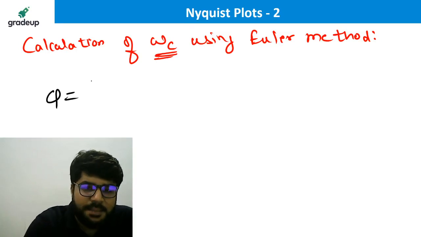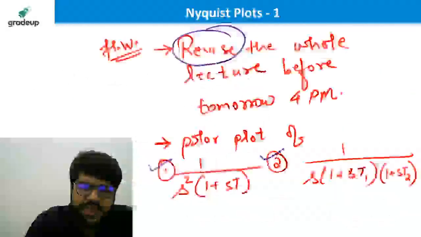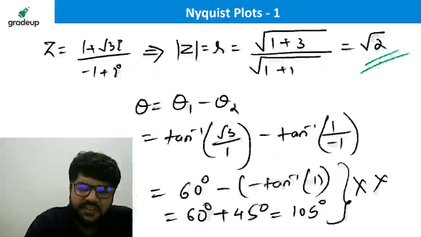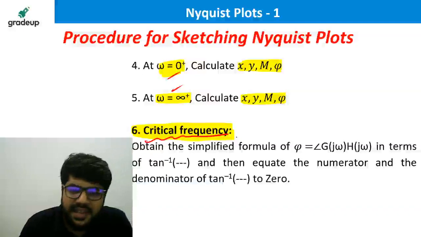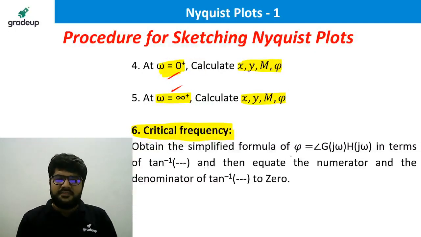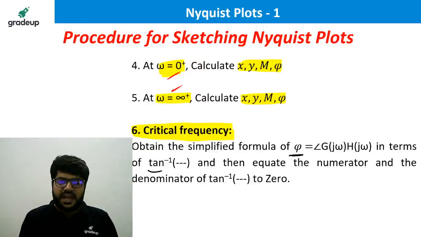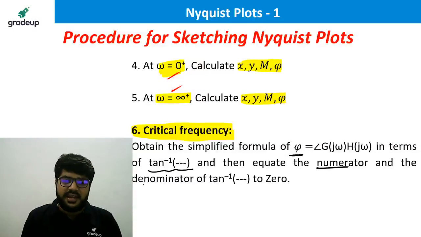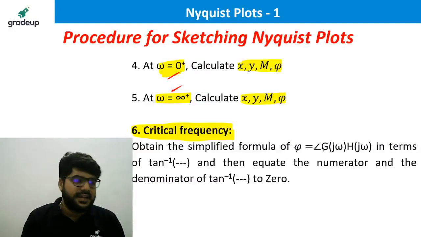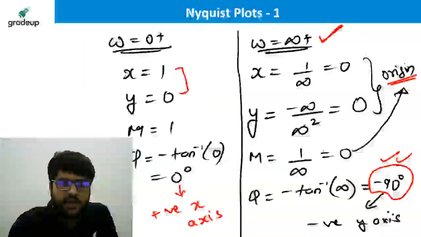If you remember step number 6, I'll take you towards the beginning for a moment. Polar plot. Yesterday I gave you some steps for the polar plot, and there I mentioned the critical frequency. Obtain the simplified formula of phase in terms of tan inverse, and then equate the numerator and denominator which are inside the tan inverse to 0. That is what I told you yesterday, and that's what I am going to do here now.